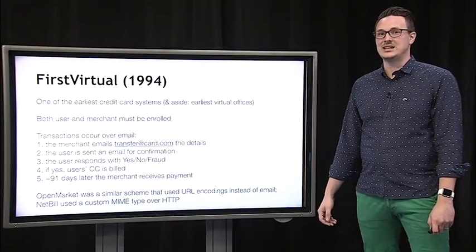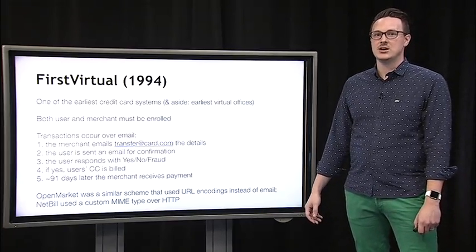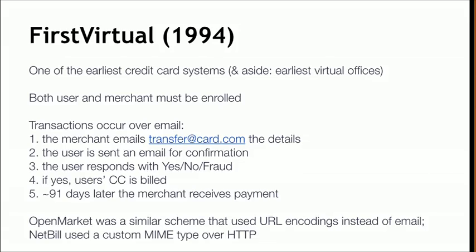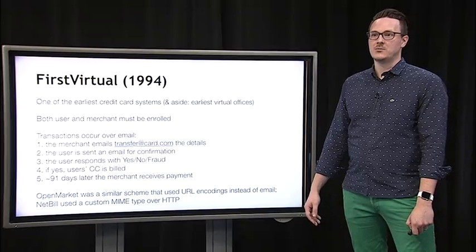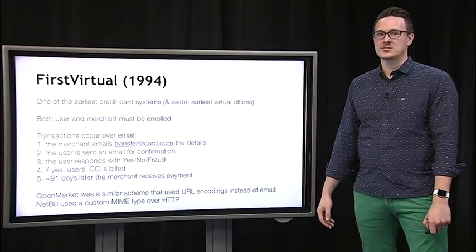The user is then sent an email with the transaction details asking them to approve it. If the user emails back yes, then First Virtual will bill the credit card that the user had provided when they enrolled in the service.